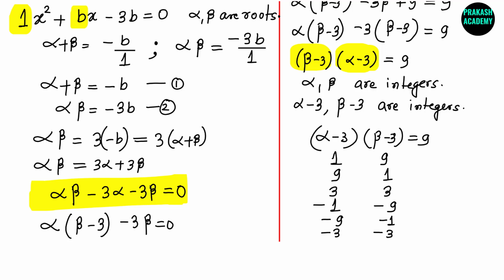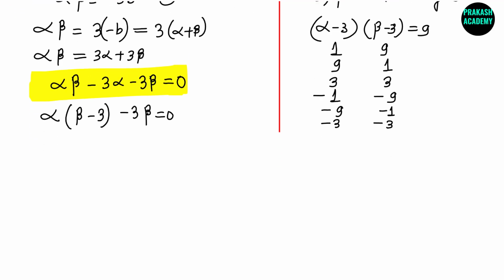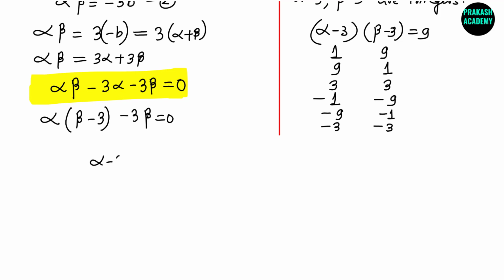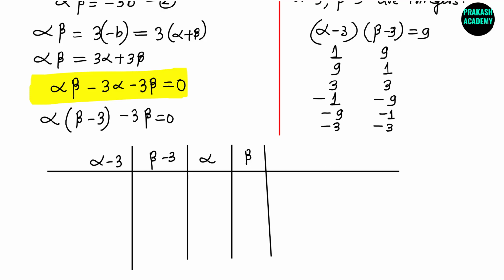So now let us consider all the situations. We have to find alpha and beta, so let us make a table. Alpha minus 3 is in this column, and beta minus 3 is in this column, and then corresponding to these we can find alpha and beta.